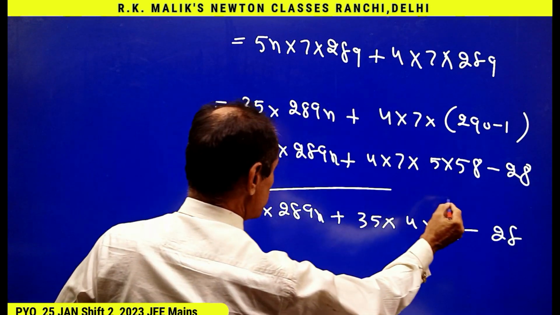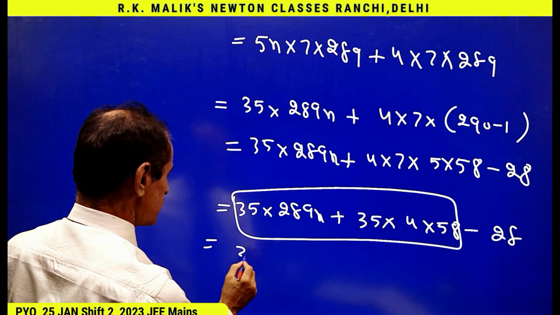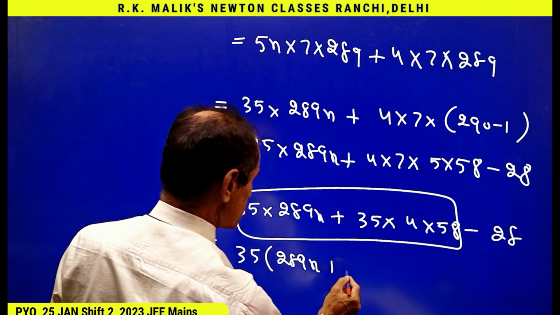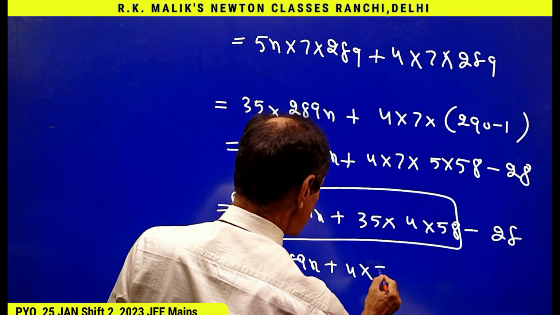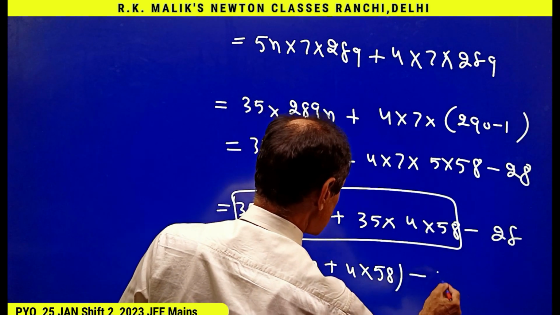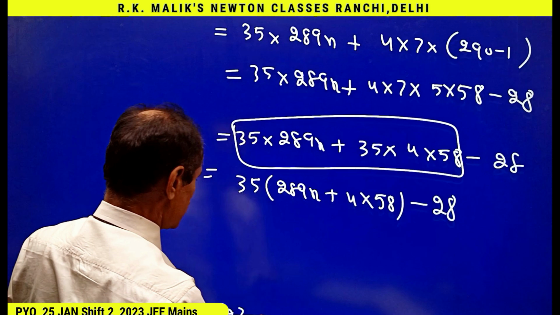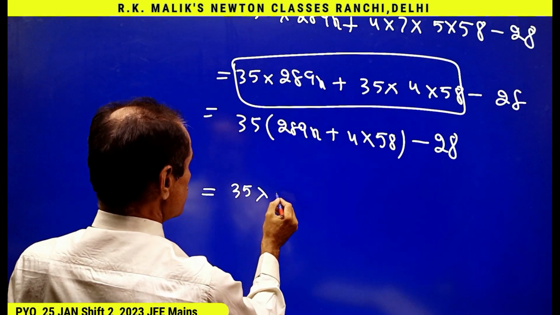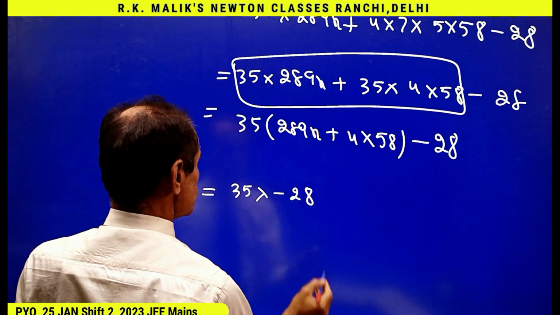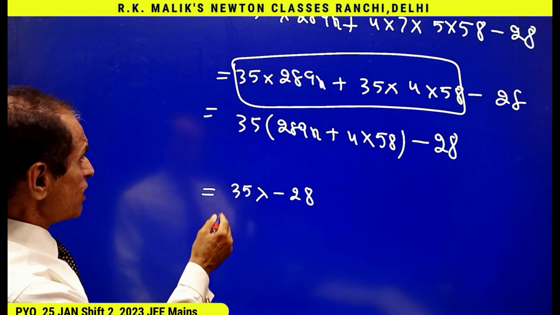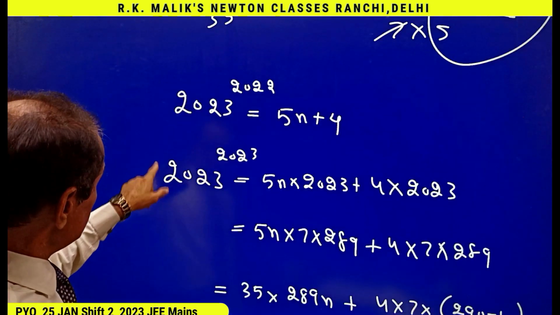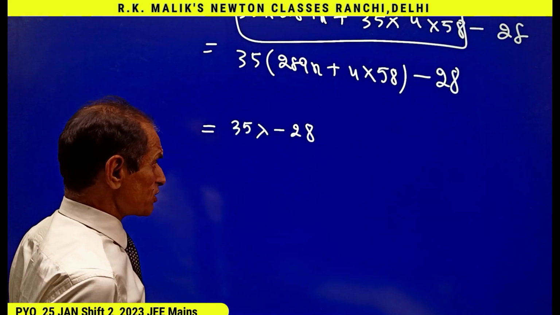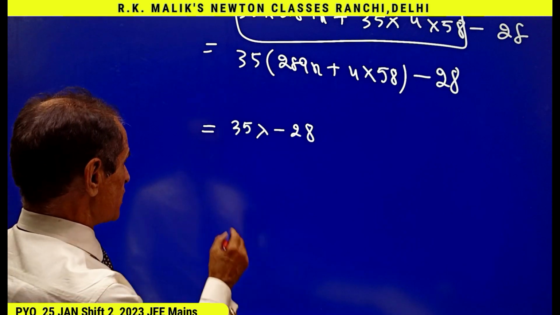Now 35 can be taken common from these two. I get 35 into 289n plus 4 into 58 minus 28. This is in the form of 35 lambda minus 28. But from here I can't say when this is divided by 35, remainder will be minus 28, because remainder is never negative.